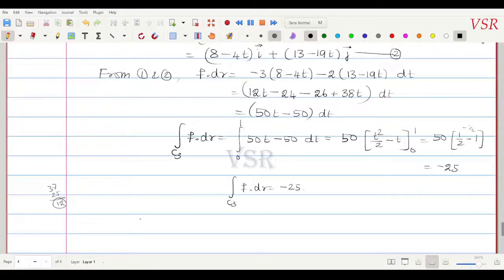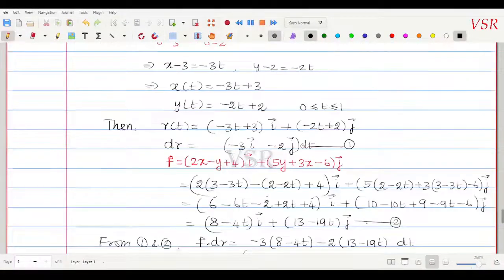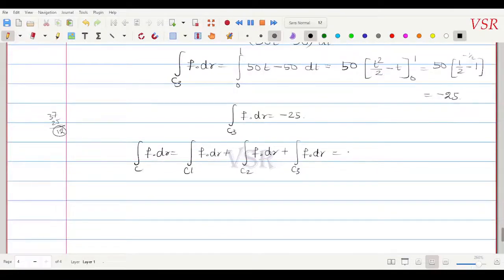So the answer is 12. Correct? So the integral over c of f dot dr is equal to the integral over c1 plus the integral over c2 plus the integral over c3, which is 21 plus 16 minus 25.